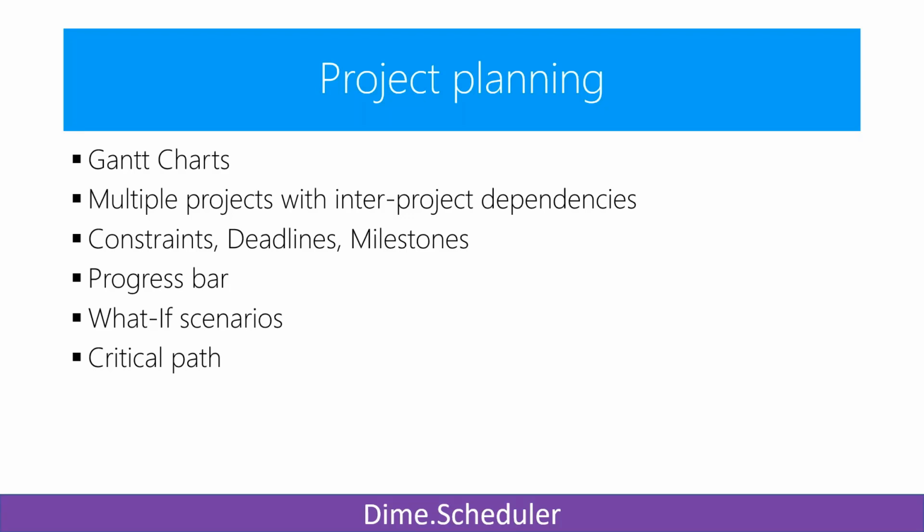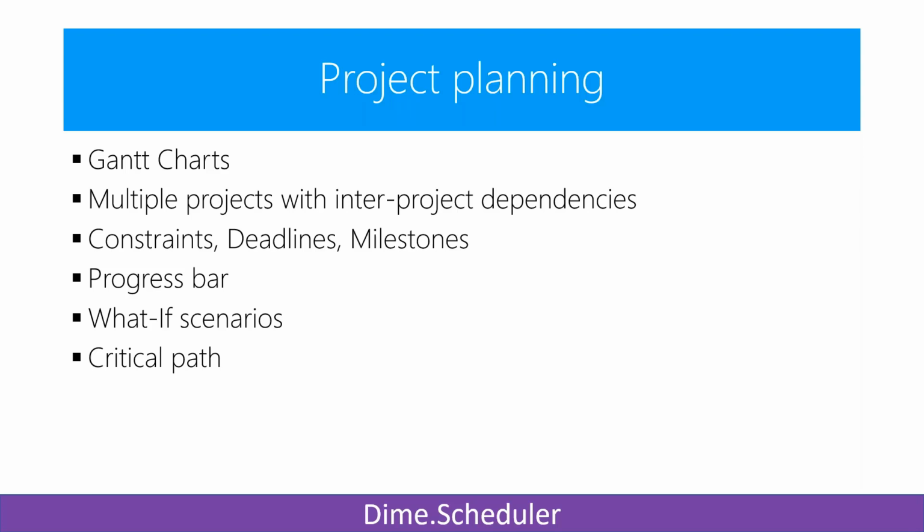The second way would be to use project planning, in which case you would typically first map out your entire project, which is a job that you're sending with multiple job tasks. And within those job tasks, you could have dependencies, you could have constraints, there could be deadlines for subtasks, there could be sign-off stages or milestones. While progressing through the project, you can follow up on your progress by percentage completion and see if you're on time or ahead of time.